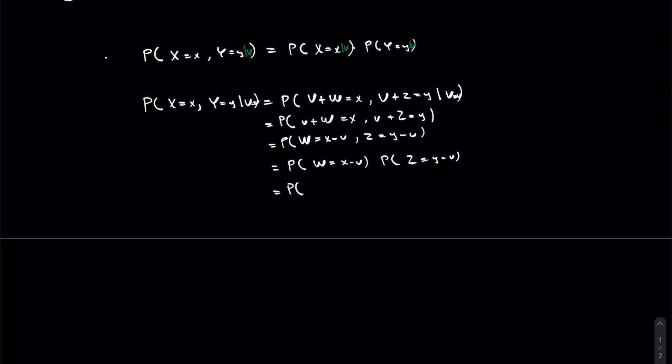And so basically what we do here is that we say W plus little v equals x, and then basically if I add back the conditioning bar, I haven't done anything specific here, so this is still equal, and so Z plus v equals y conditioned on V equals v, right?